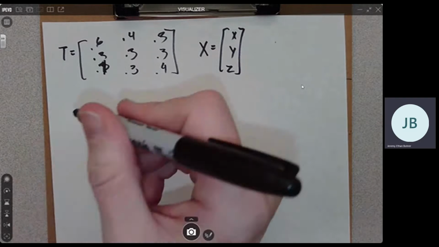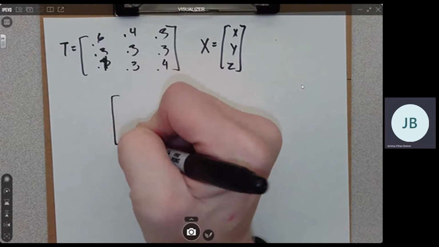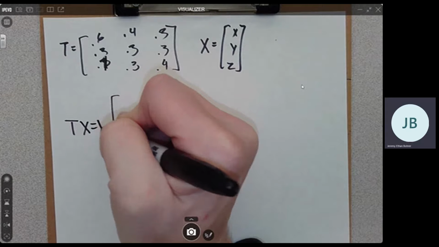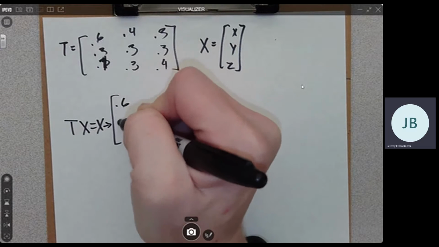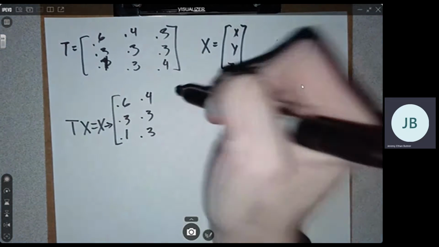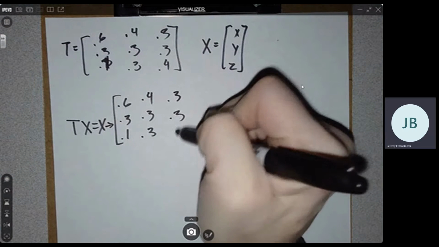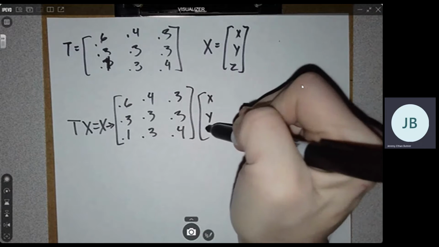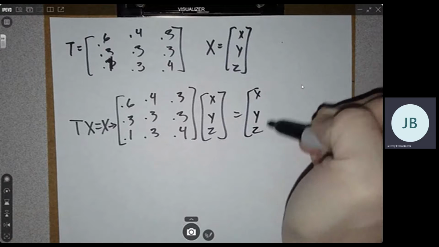And we're trying to solve this matrix equation Tx equals x, or equivalently 0.6, 0.3, 0.1, 0.4, 0.3, 0.3, 0.3, 0.3, 0.4 times x, y, z equals x, y, z.